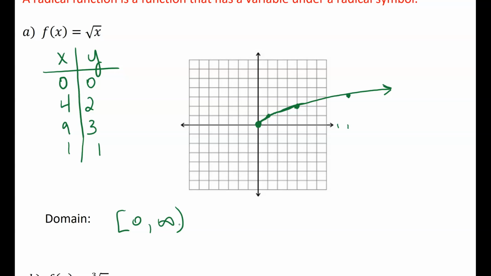Okay, so that's the interval notation, or if we did the other notation, we could say x is greater than or equal to 0, right? Okay, so again, that's the parent function for square root of x. It doesn't ask for it, but why don't we go ahead and mention the range too? What is the range? Same thing. Yep, 0 to infinity.